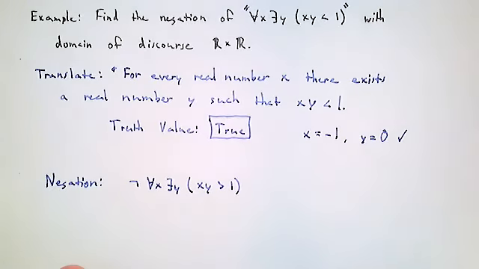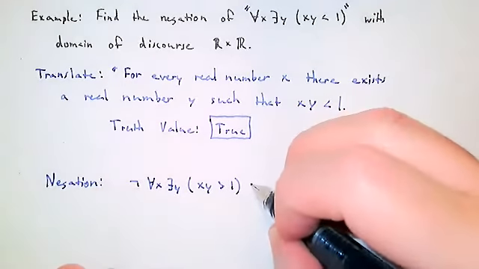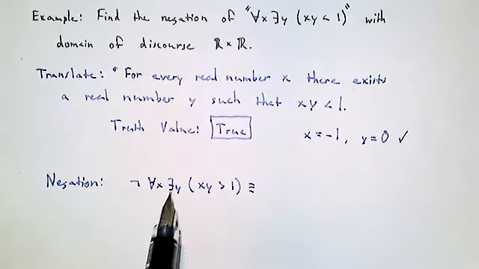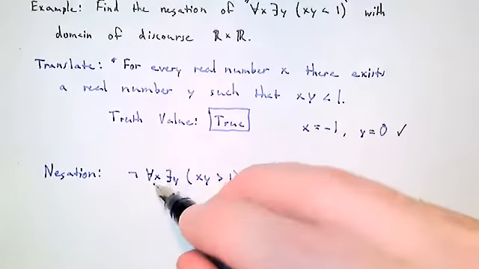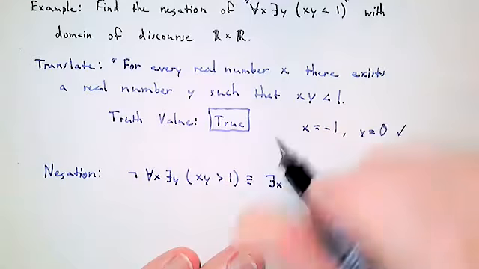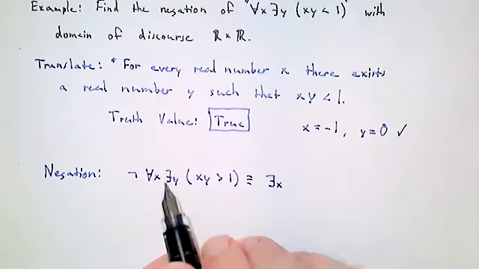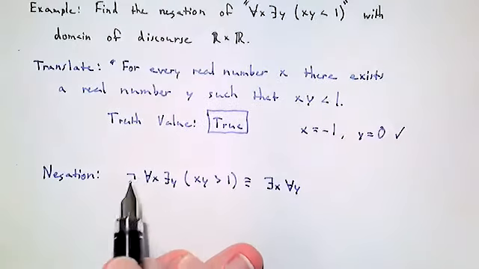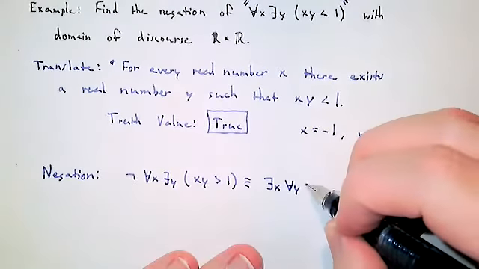And then we're going to use the generalized De Morgan's laws that tell us to flip each of the quantifiers. So the first universal becomes an existential, and then the existential becomes a universal quantifier, and then the negation moves all the way to the inside.